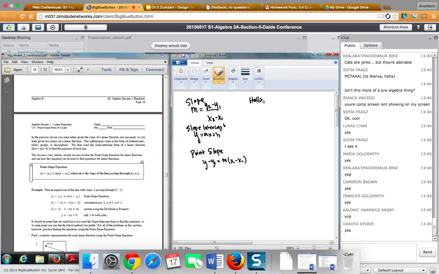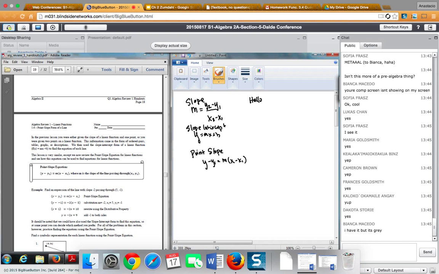You can see the chat window is open on the right-hand side. What you're going to have to do is find the window that says desktop sharing and maximize that. Got it? Where does this slope formula come from? We talked about that.